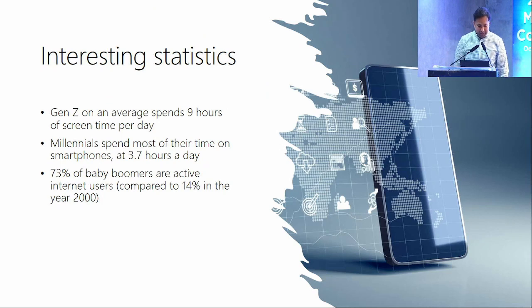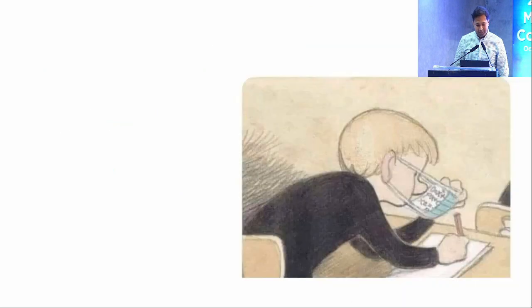The younger generation, born from 1997 to 2010, spend an average of 9 hours per day on their screens. The millennials, born in 1981 to 1996, spend around 3.7 hours a day on smartphones. And the previous generation, the baby boomers, almost 73% of them are active internet users.